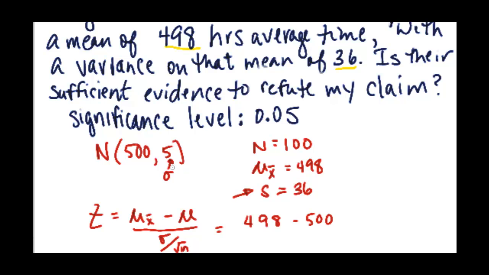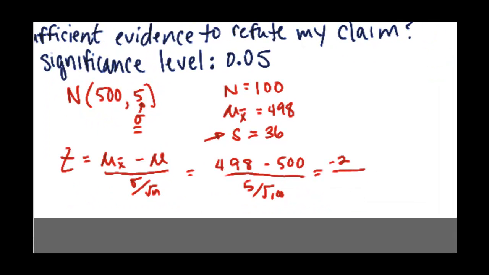Well, if you know the one of the population, always use the one of the population. So it's going to be over 5 divided by the square root of 100, right? So that's going to be 5 over 10, which is 1/2. So we have negative 2 over 1/2, and you multiply, and you get a negative 4.0.